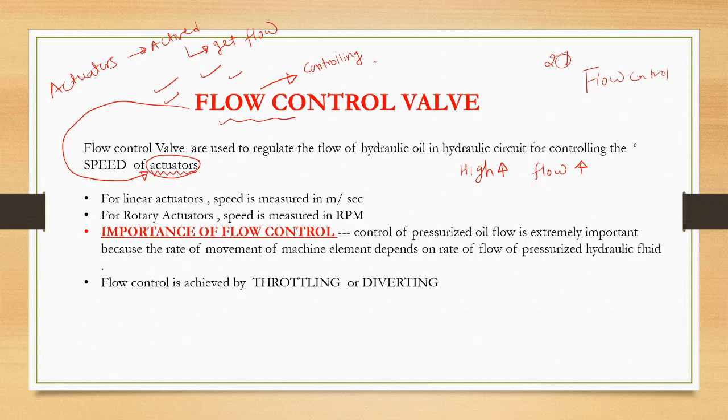Remember this point. It is used for controlling discharge, and you know discharge is denoted by Q, and the SI unit for discharge is meter cube per second. This is what we have already seen in our first and second chapter. Let us see some types of actuators also. The first is the linear actuator, in which the speed is measured in meter per second.